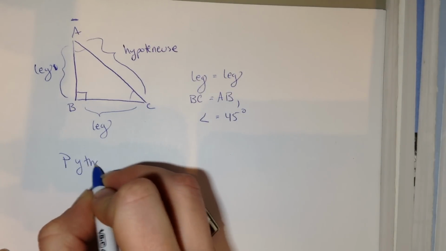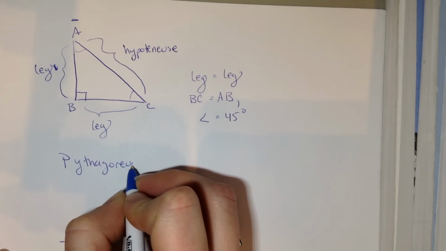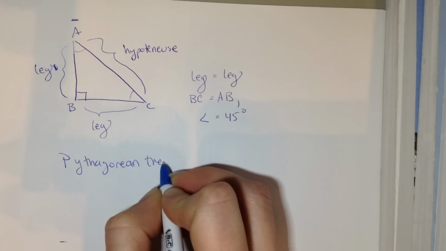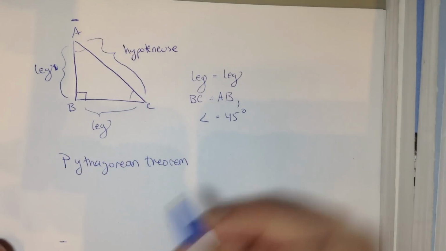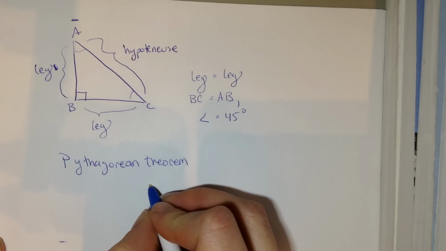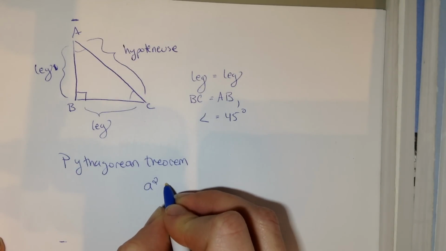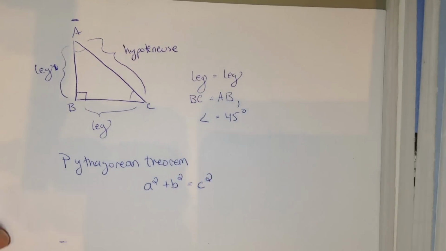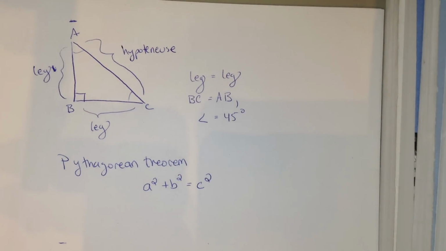Pythagorean Theorem. It's the reason why I teach chemistry and not spelling. Okay, Pythagorean Theorem. Does anybody remember what the Pythagorean Theorem is? A squared plus B squared equals C squared.